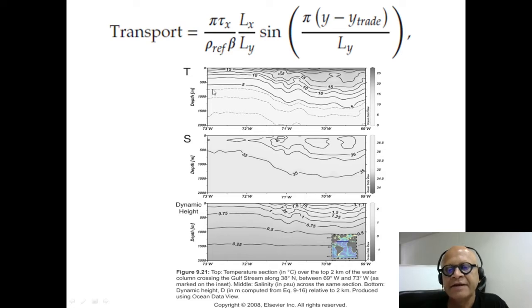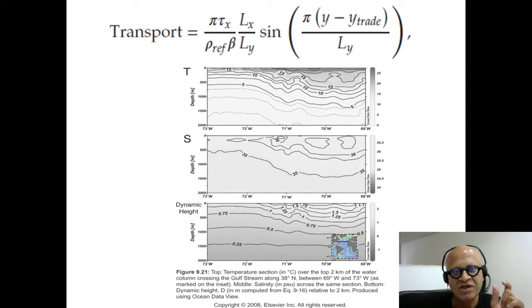Okay, and we already looked at the hydrographic sections and the associated dynamic height, which can allow us to look at the geostrophic currents, and presumably we can take a zero reference line and use the dynamic method to estimate the transport as well. But using Sverdrup theory, the other thing you have to remember is that we are saying we will balance the interior transport to the western boundary.